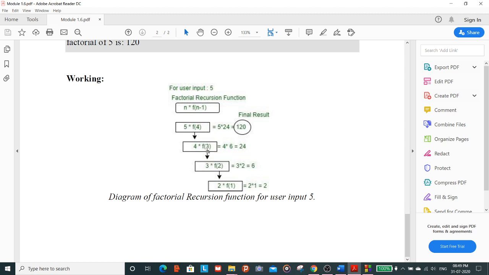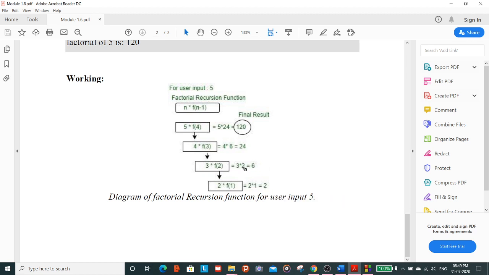Again we need to find f of 3: 3 into f of 3 minus 1, f of 2. Then f of 2: 2 multiplied with f of 2 minus 1, that is f of 1, and f of 1 gives 1. So now again from bottom to top, 2 into 1 gives 2.